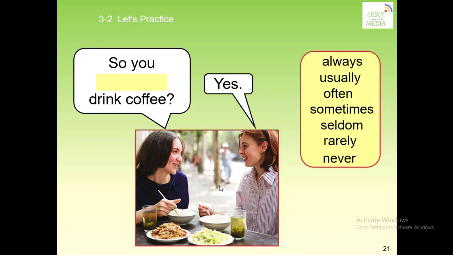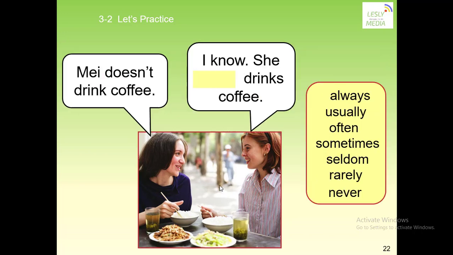It means that you have to answer with always. Next, May doesn't drink coffee. I know, she blah blah drinks coffee. What is your answer? The answer is never, because the statement says May doesn't drink coffee. It means that she never drinks coffee.